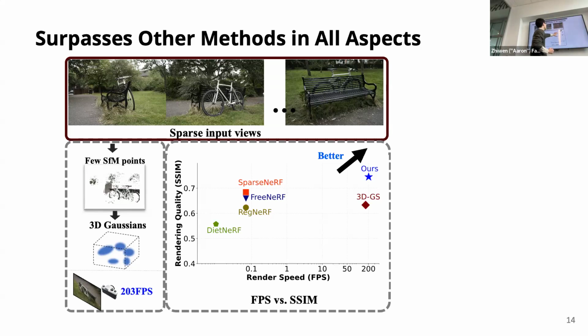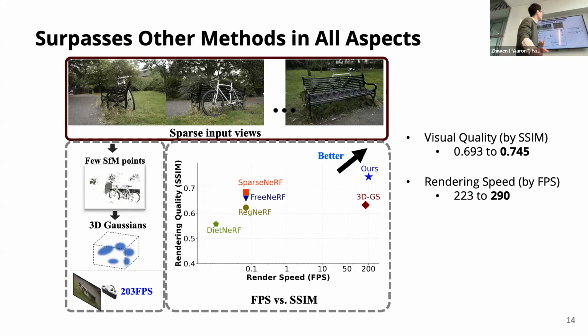You can clearly see that our method achieves the best performance, not only in rendering speed but also in rendering quality. We are about 1,000 times faster compared with the previous neural radiance field based methods, and we are also the best one. I mean, we achieve about 5% higher visual quality.